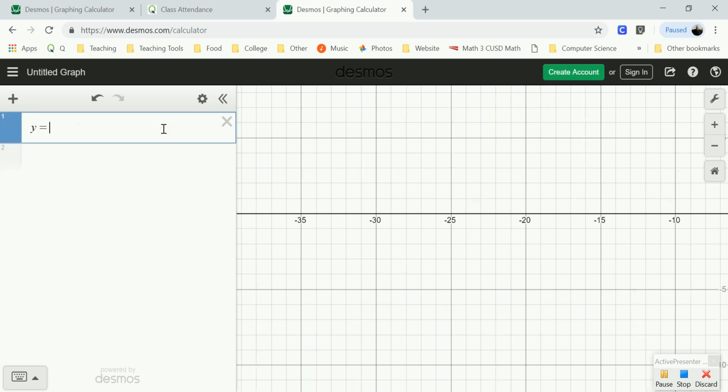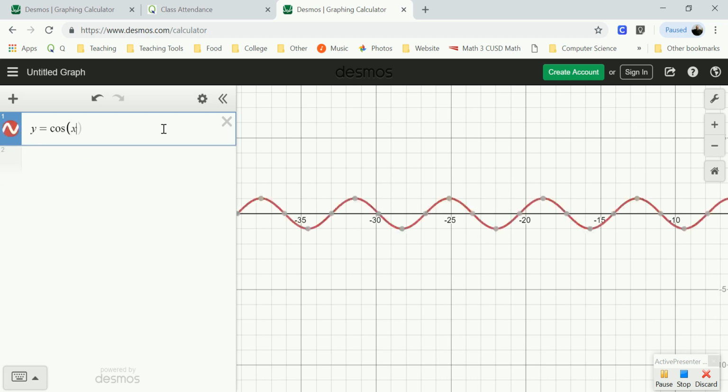And when we do the secant, what's our helper graph going to be? The cosine. So I'm going to graph the cosine first, because that's what we do, we graph the helper function first, right? Okay, so there's our helper function.